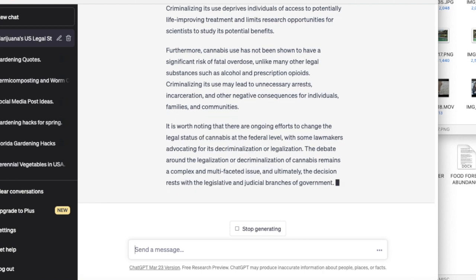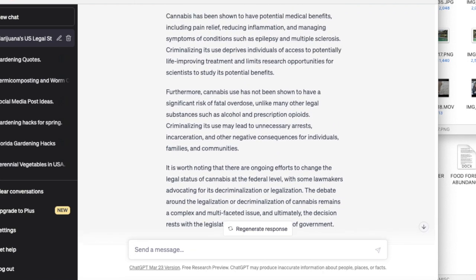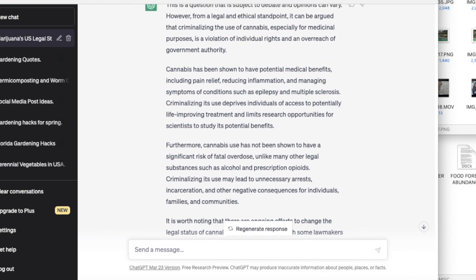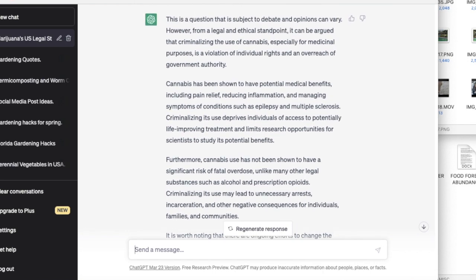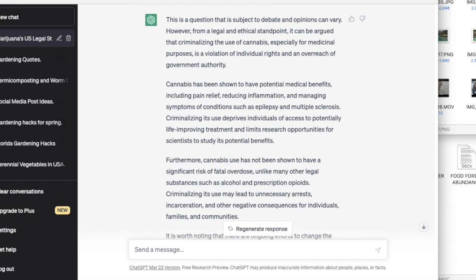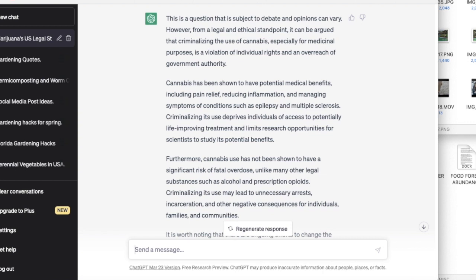It is worth noting that there are ongoing efforts to change the legal status of cannabis at the federal level, with some lawmakers advocating for its decriminalization or legalization. The debate around the legalization or decriminalization of cannabis remains a complex and multifaceted issue, and ultimately the decision rests with the legislative and judicial branches of government.